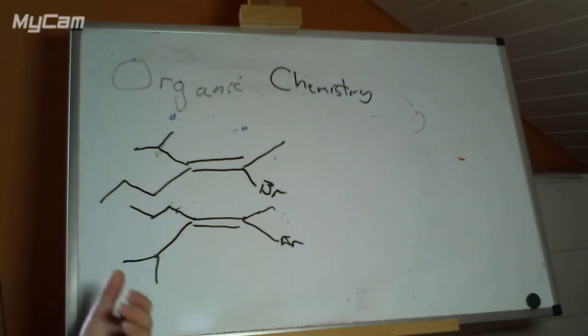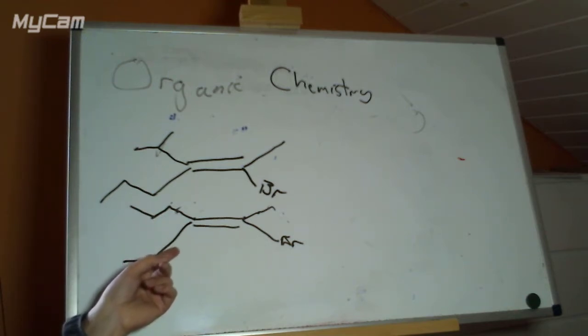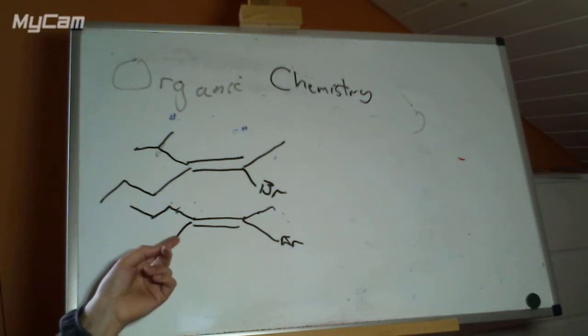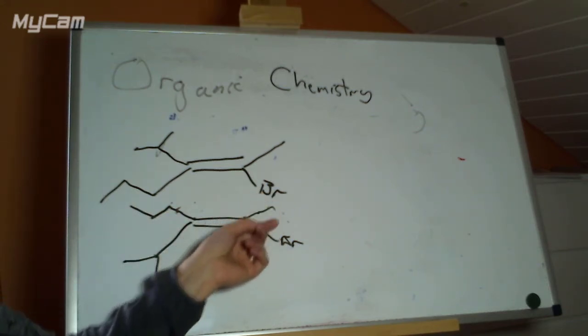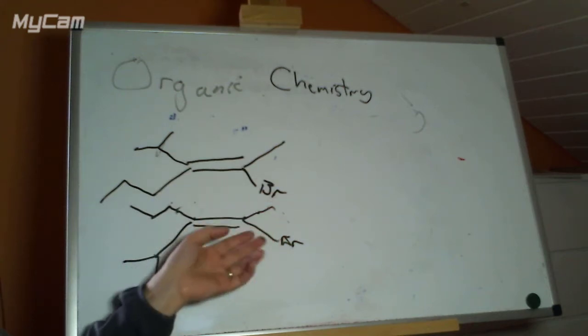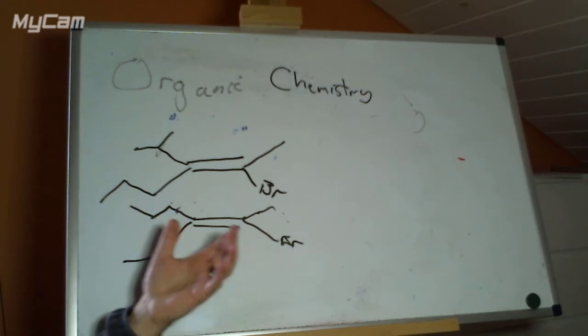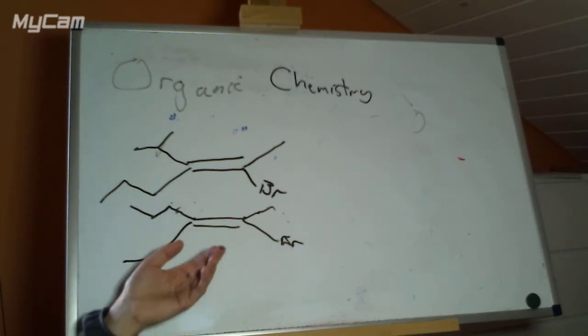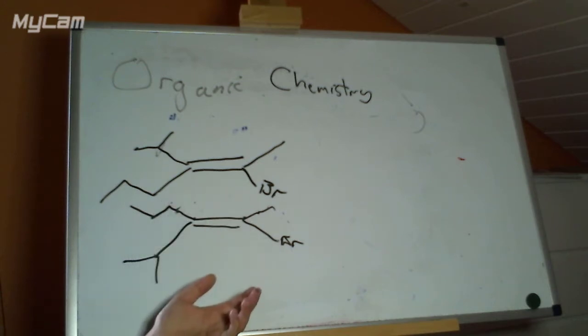And to do this, we have a system so that we can assign these groups priority, so that we can give them first and second priority on each end of the bond, so that we can then define whether the two most significant ones are on the same side or on an opposite side.